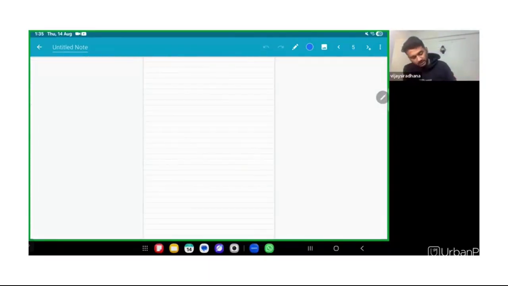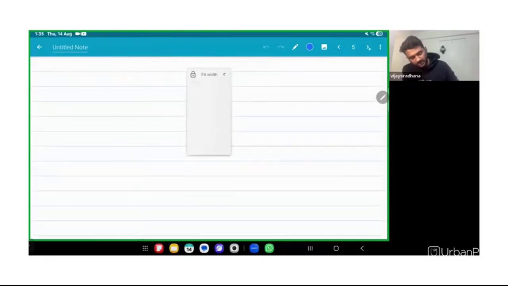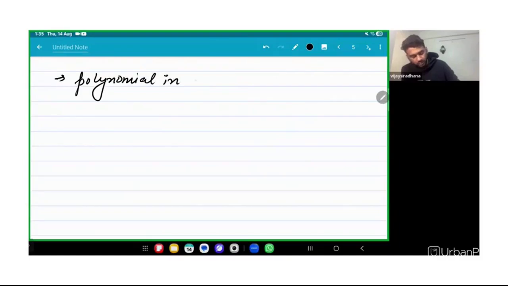So that's why you will see one thing, which is polynomial in one variable.